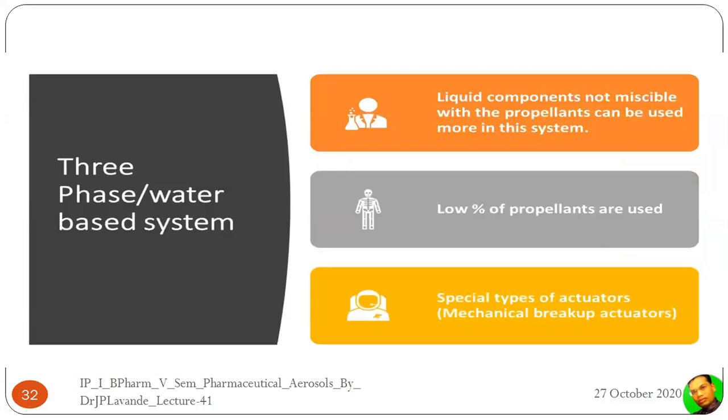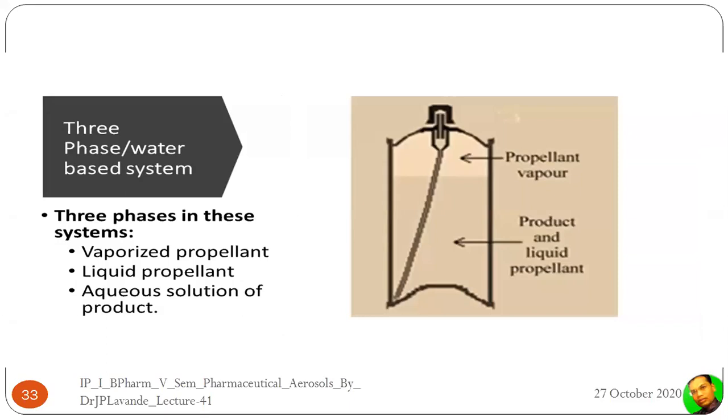The liquid components are not miscible with the propellant, and that can be used more in this system. A low percentage of propellant is used in the three phase system, and special types of actuators, like mechanical breakup actuators, are needed in the three phase or water based system.